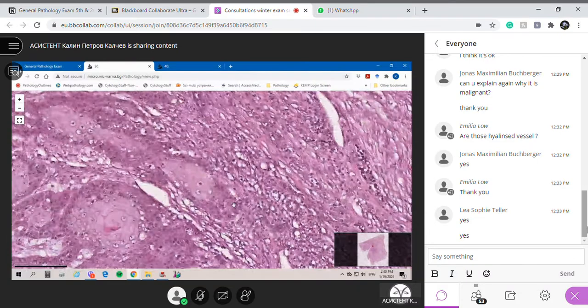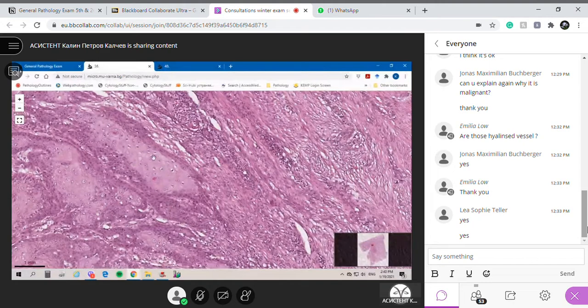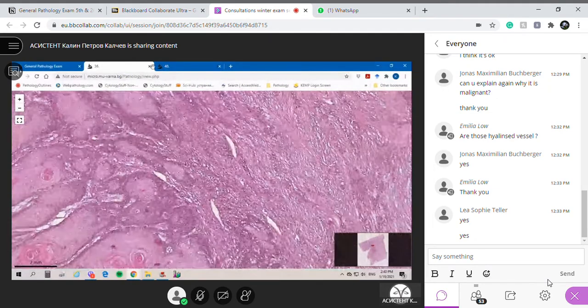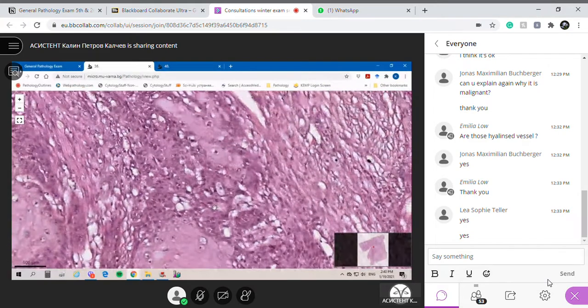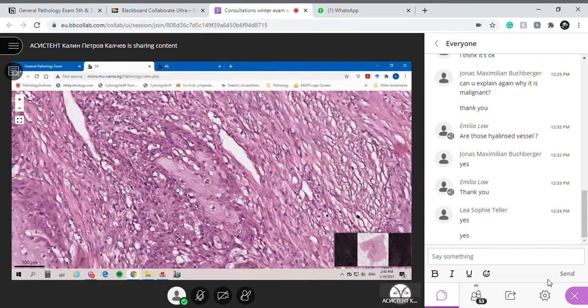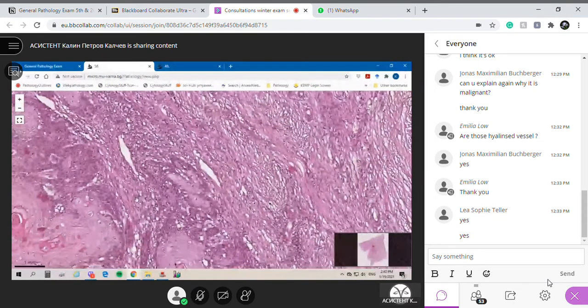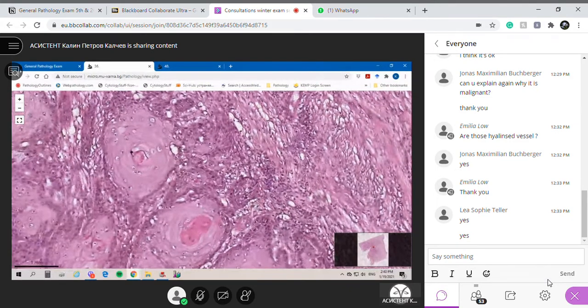But the most important feature for these malignant tumors is that there is no sharp demarcation between the margin of the tumor and the surrounding tissue. In some areas, it seems like some of the tumor cells or even some groups of cells are detached from the main tumor mass and they infiltrate into the surrounding tissue.